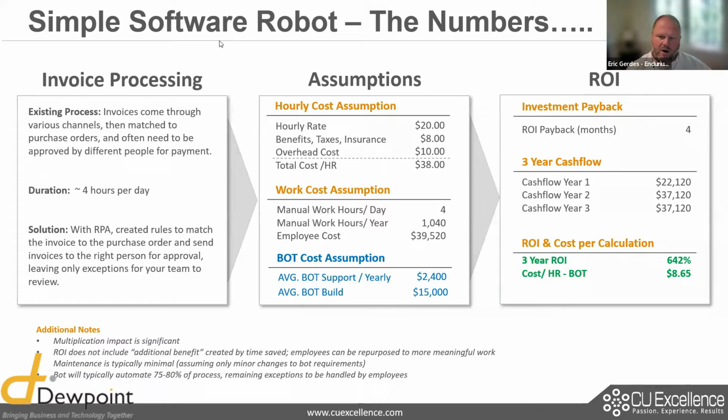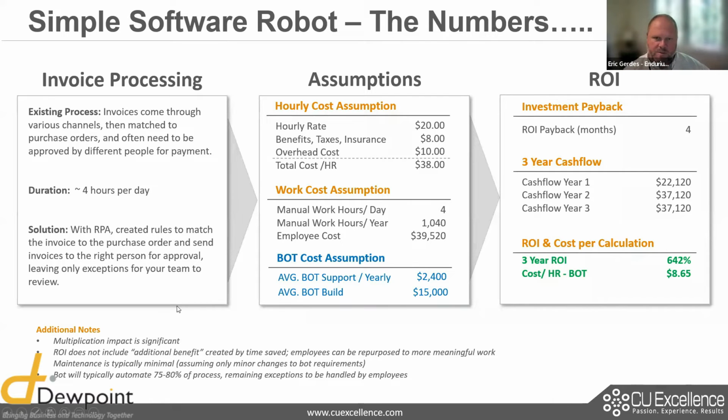Your 3-year ROI on that is 642%, and your all-in cost for that bot over a 3-year period is $8.65 an hour. Why I say that's conservative is we don't include any of the benefit that person was able to provide by repurposing that time. You're going to get additional lift in your organization above and beyond because the manual repeatable work is going to be handled.